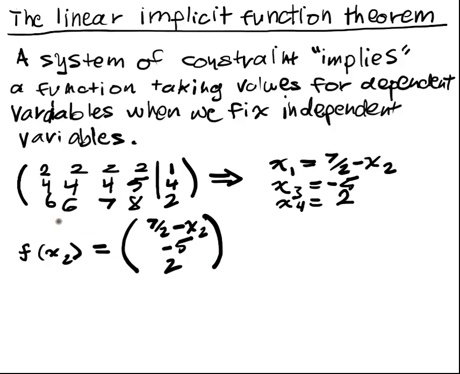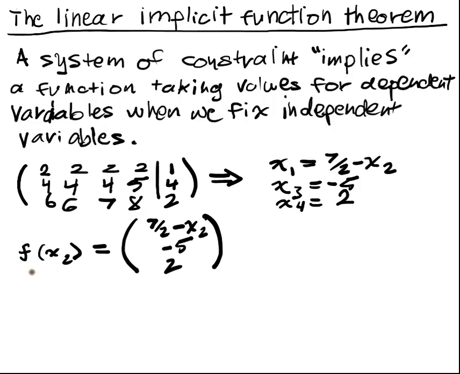Right? So here's what happens. Whenever I fix x2 for this function, I get values for x1, x3, and x4 that solve the system of constraints. And this is the implied function. This is the implicit function that I'm guaranteed by the implicit function theorem. Only we've got a system of linear constraints. You can have nonlinear constraints that are actually very complex, and this theorem will still hold.